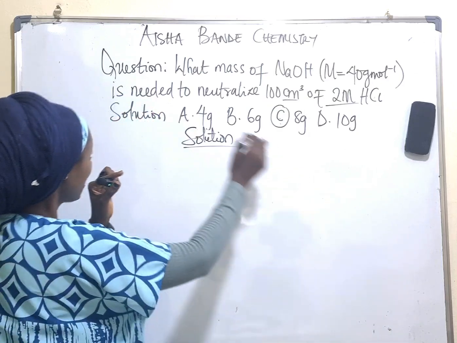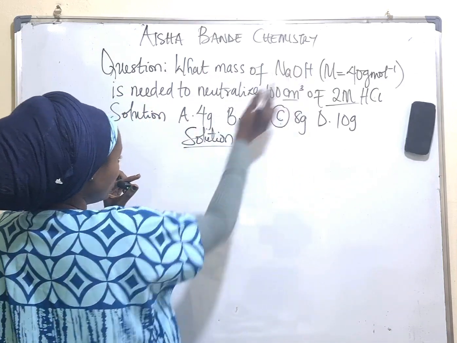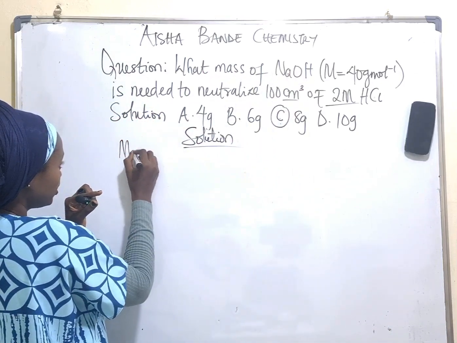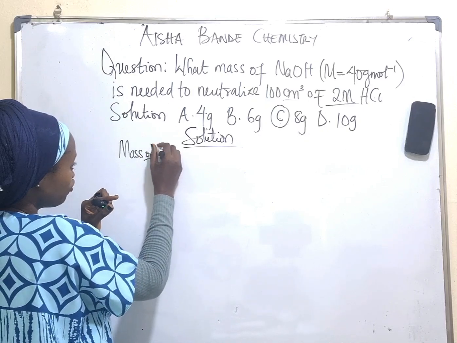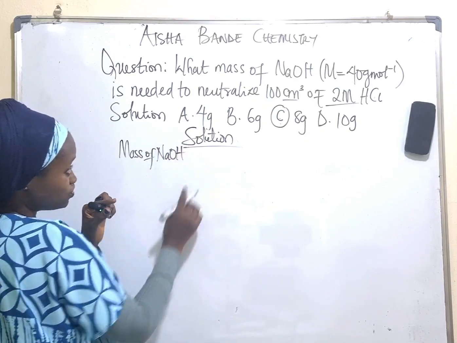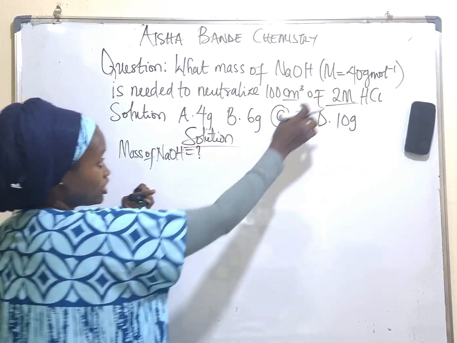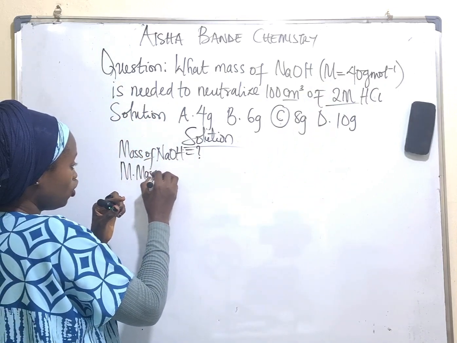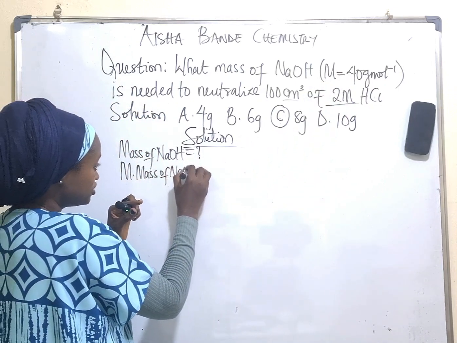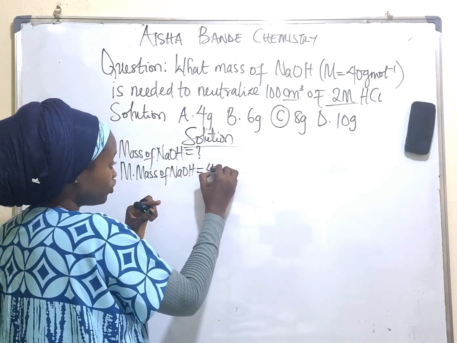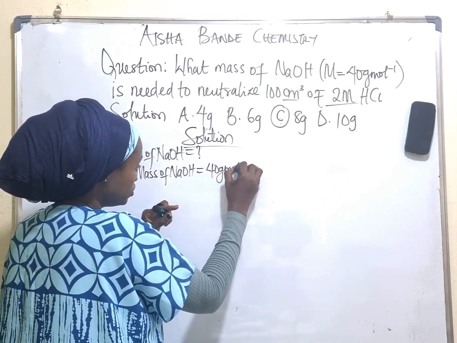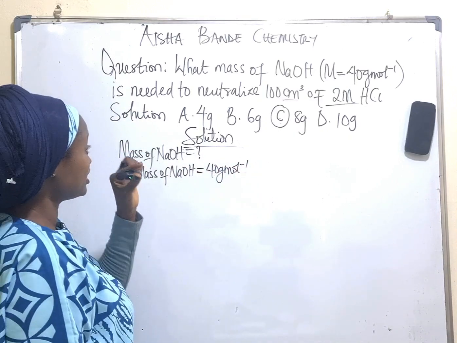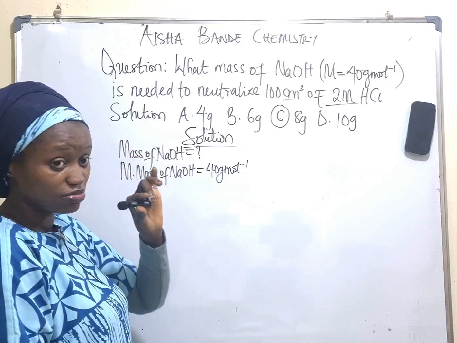So let's do this. What mass of sodium hydroxide? What we are looking for is the mass of sodium hydroxide. This is the unknown. Given the molar mass of sodium hydroxide as 40 gram per mole. They say it's needed to neutralize 100 centimeter cube.